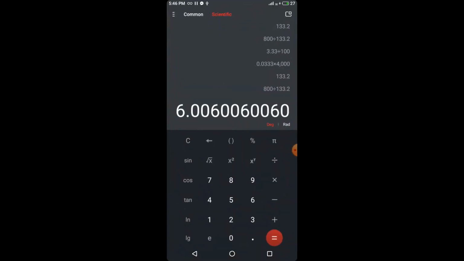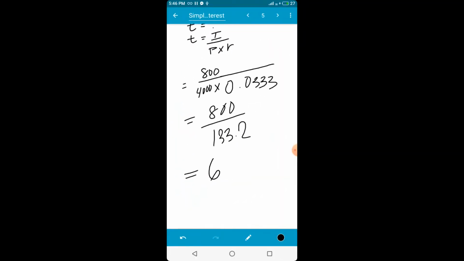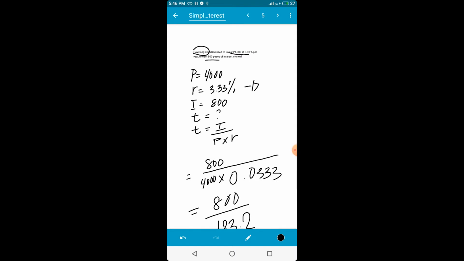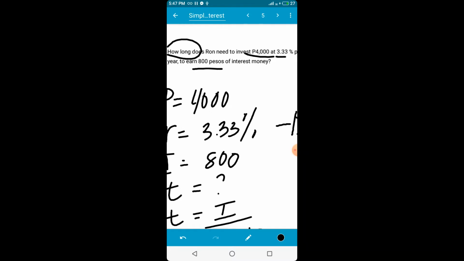Let's round it off to the whole number. The answer for this is 6 years. So that is the time we are looking for. This means Ron needs to invest his money of 4,000 pesos with an interest rate of 3.33% for 6 years so that he earns 800 pesos.